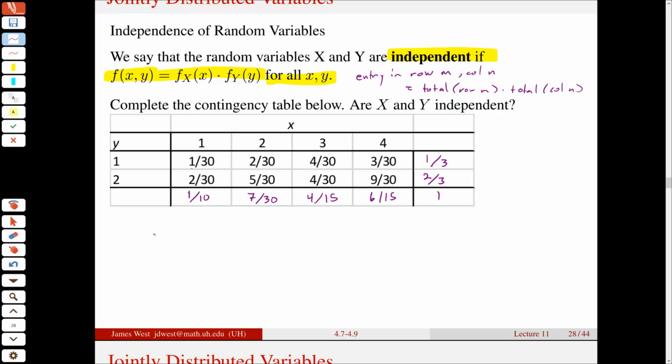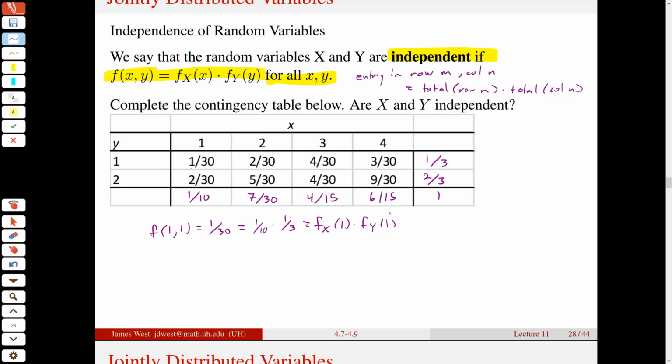Now I notice, for example, that f of 1, 1 is equal to 1/30, which is equal to 1/10 times 1/3, which is equal to fx of 1 times fy of 1. So that one cell certainly works.